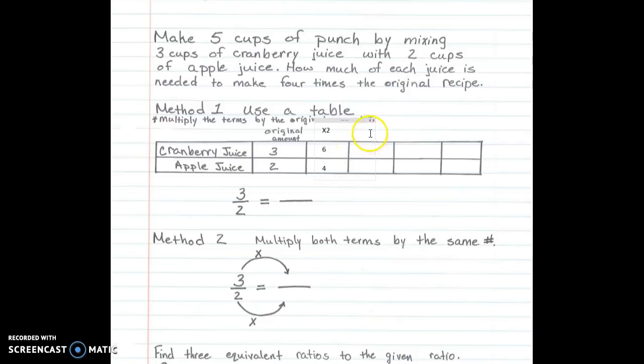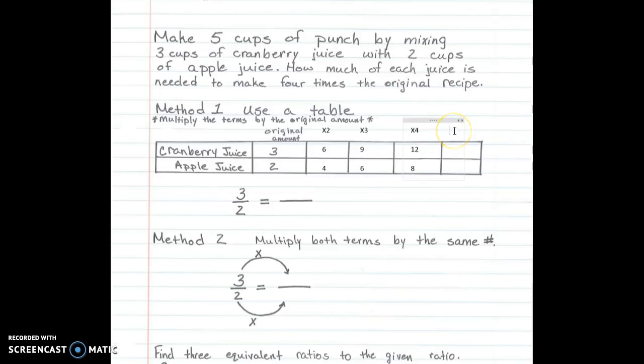When you go into your third column, I would multiply my original column by 3, and that means that 3 times 3 is 9, and 2 times 3 is 6. When you go into your fourth column, I would multiply the original column by 4, so that gives us 3 times 4 is 12, and 2 times 4 is 8.